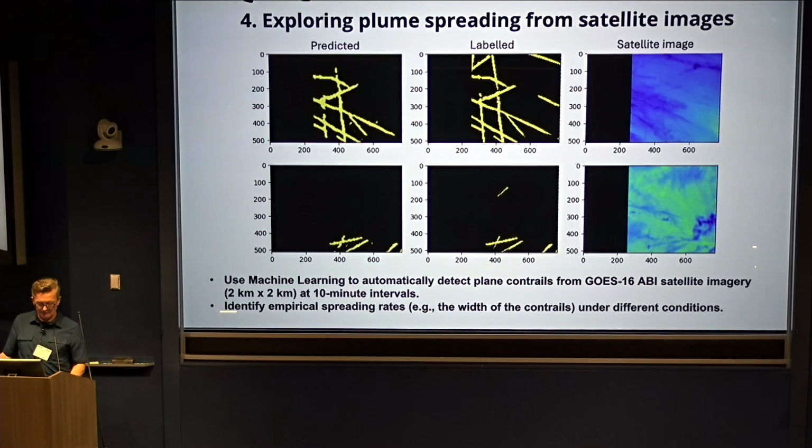You can figure out spreading rates. They may actually be quite slow, but we could look at that under different environmental conditions. There's another way to get at the diversity of how the plumes respond to different meteorological conditions.